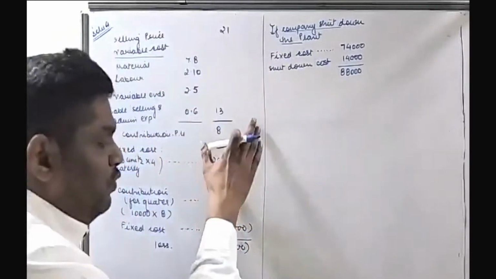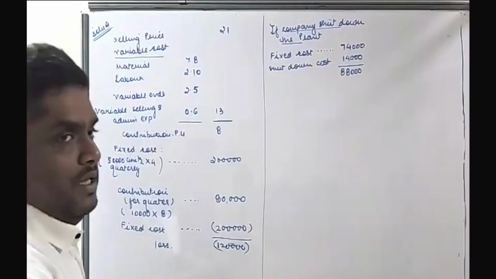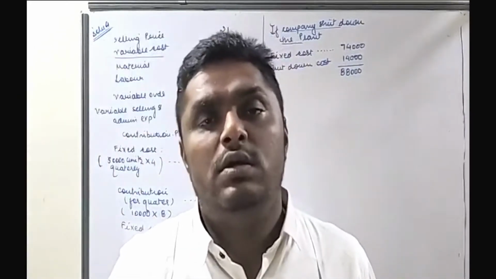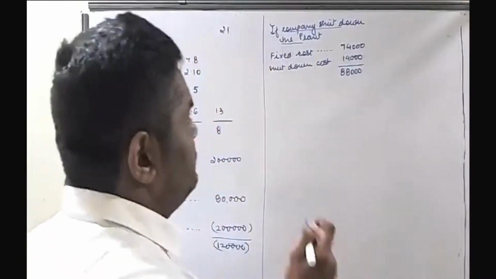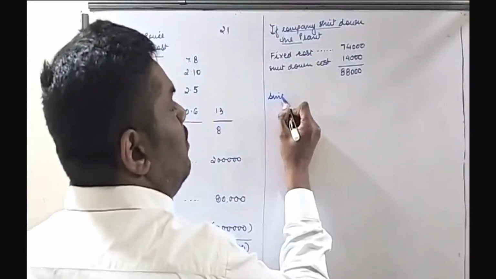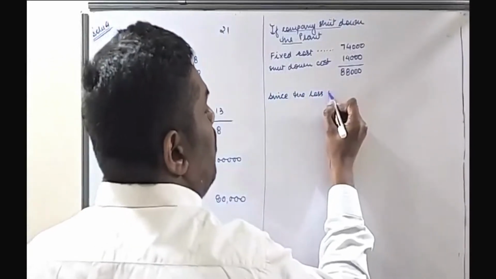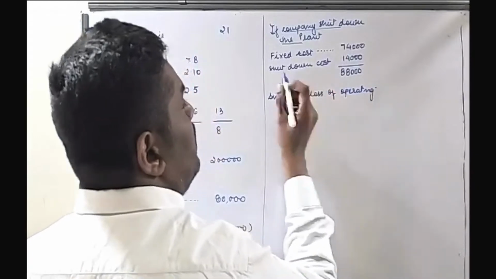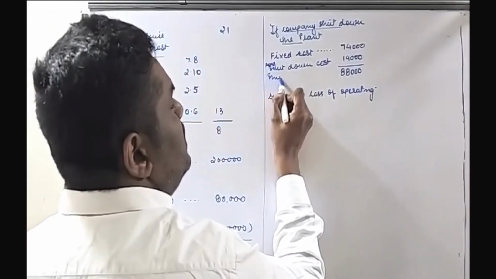But if we do not shut down the plant, there is a loss of how much? 1,20,000. Since the loss is 1,20,000, much more than my shutdown cost, it is better that we should shut down the plant. Since the loss of operating, this is additional shutdown cost. So total shutdown cost is how much?